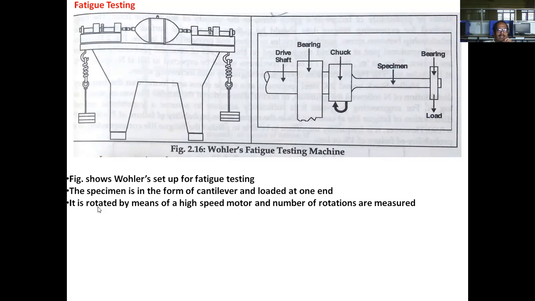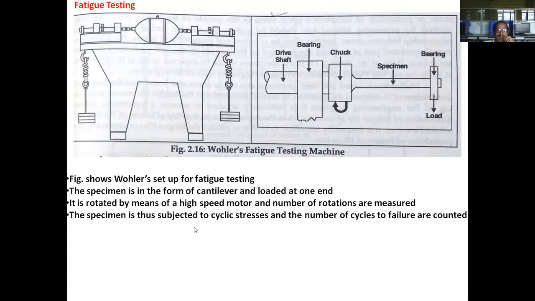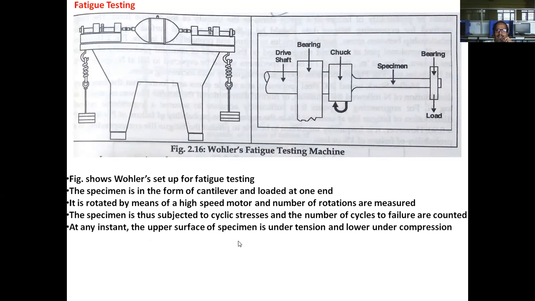The specimen is rotated by means of a high speed motor, under a known load, and the number of rotations is measured. The specimen is thus subjected to cyclic stresses and the number of cycles to failure is counted, so at which rotation it fails can be determined. At any instant, the upper surface of the specimen is under tension and the lower under compression, which we can easily realize because the load is applied downward.